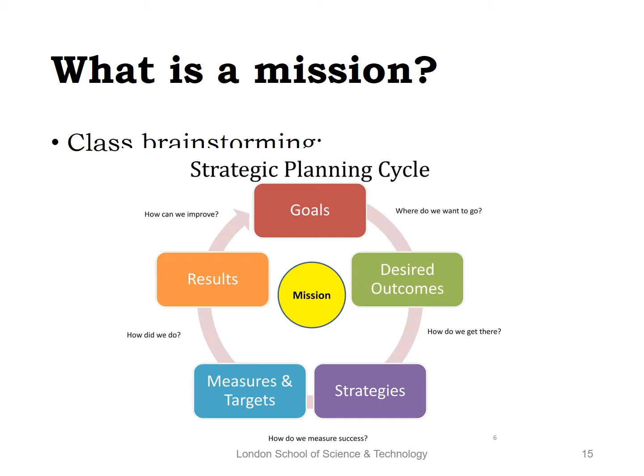What are your strategies to get there? How are you going to measure these, and in terms of your measurement, what are your targets going to be? The results lead to you achieving your goals, which helps you to achieve your overall mission. Where do we want to go? How do we get there? How will we do this, and how will we improve?